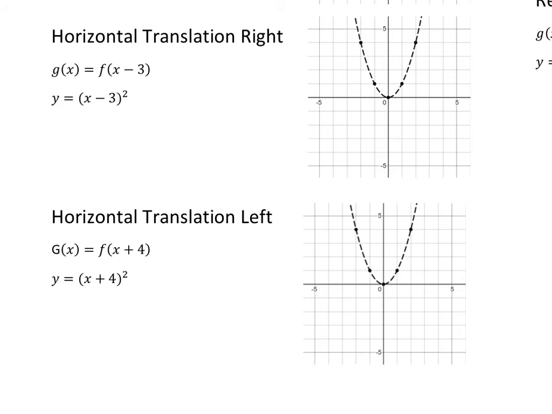Now, hopefully you remember that I said something funky about horizontal, that the horizontal transformations are inside and the opposite direction than you think. So since this first one is asking me to translate it to the right, right directions is normally positive numbers. But you're going to see a negative number inside that parentheses.